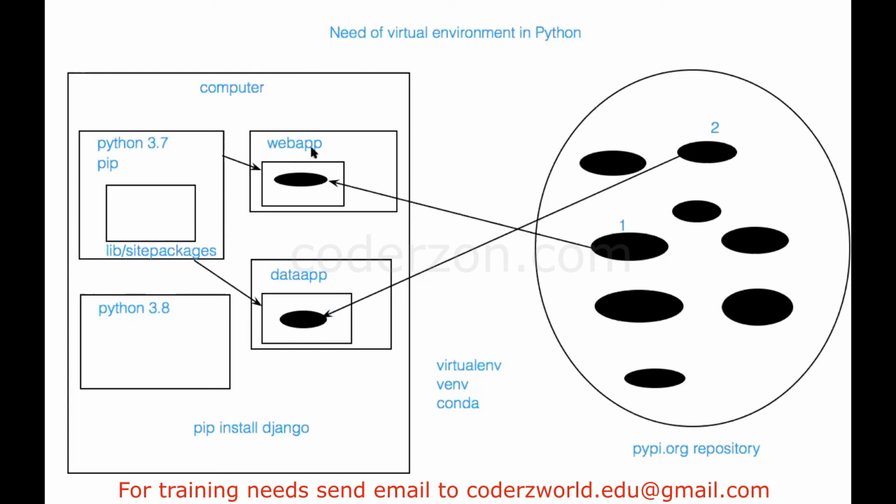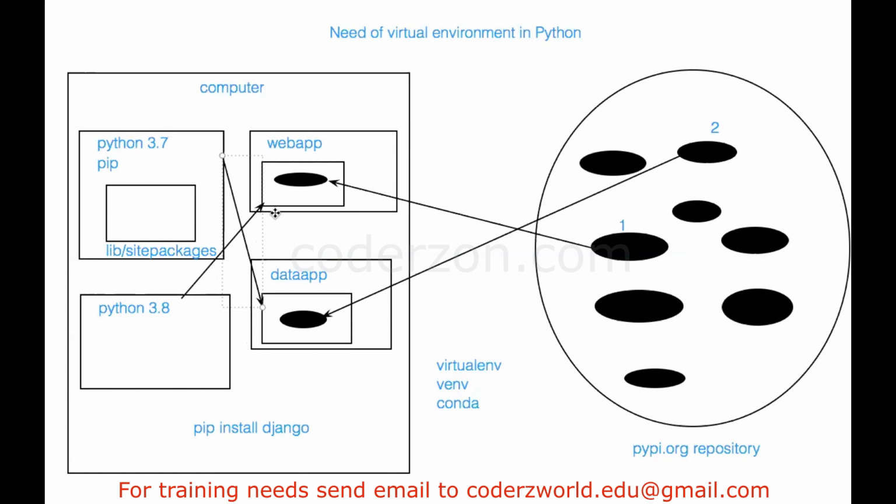One project may be using Python 3.7, another project may be using a virtual copy from Python 3.8. Maybe I want this web application's virtual env to be created from the 3.8 version of Python. We can do that using virtualenv. And for this data app, I'm planning to use a 3.7 virtual env.